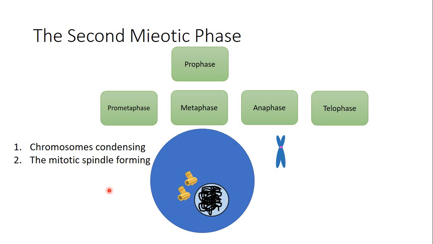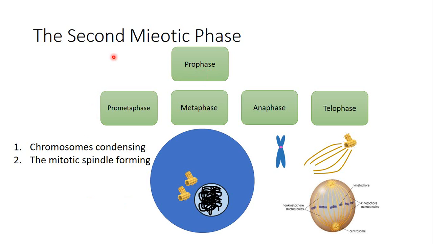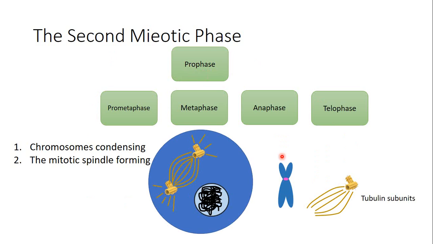And then the meiotic spindle, the meiotic and not the mitotic, is forming. This is what happens in the prophase, exactly the same as what happened in the first meiotic phase.